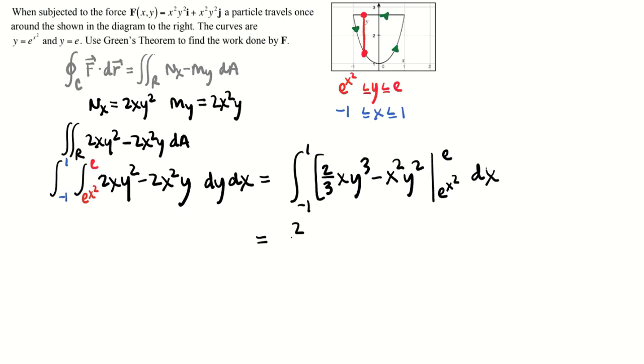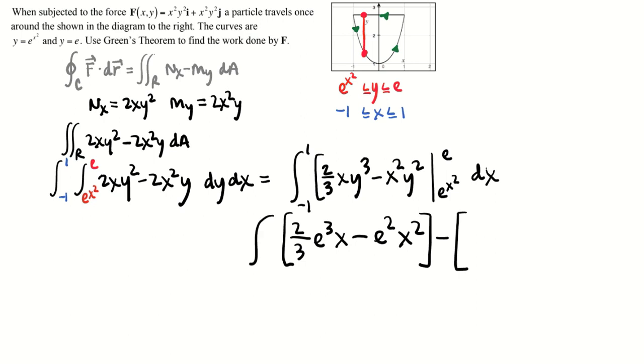So that's 2/3 e cubed x minus, when I throw in e, I'm going to have x squared e squared. And I'm still integrating this from -1 to 1. Looks like I'm going to need even more room. Then I'm going to be subtracting, let's see, when I plug in e to the x squared for y, that'll be 2/3 x.